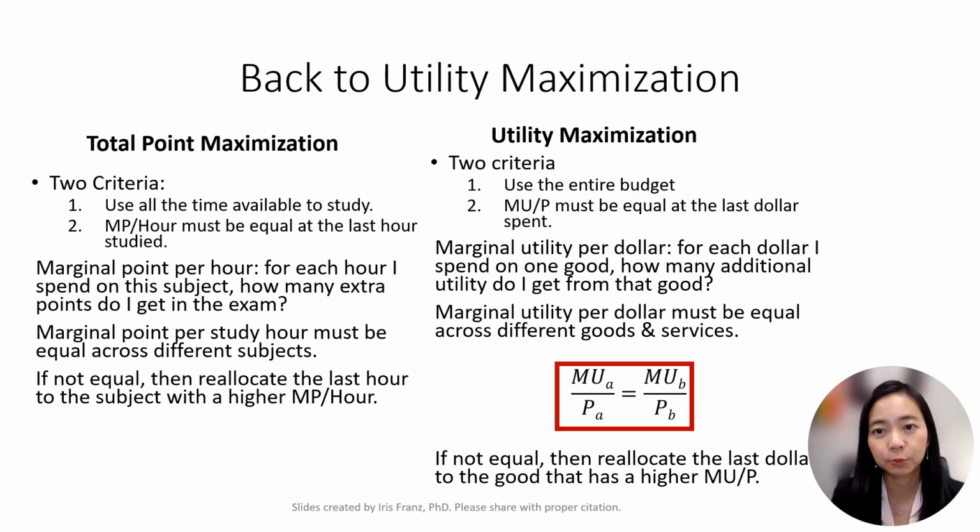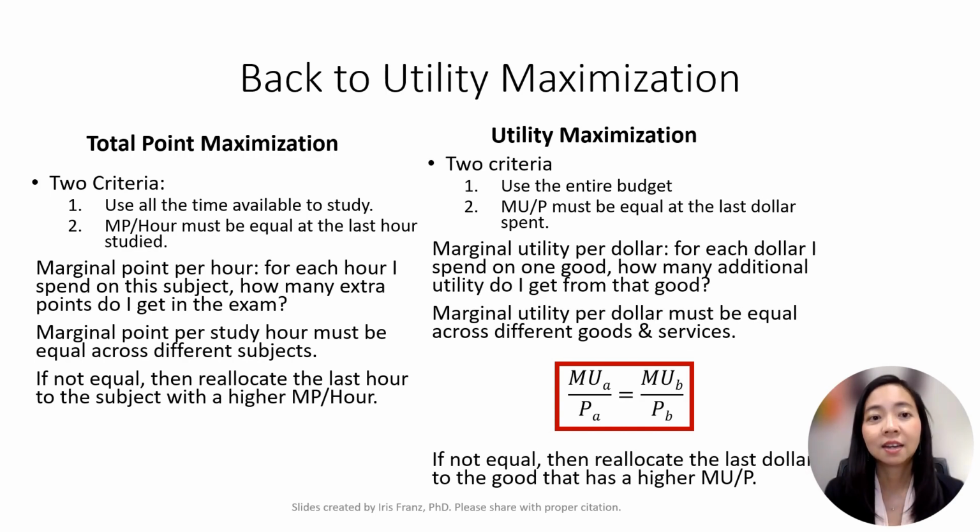If marginal points per hour are not equal, then we have not maximized our total points. We can improve our total points by shifting the last study hour from a low marginal point per hour subject to a higher marginal point per hour subject.